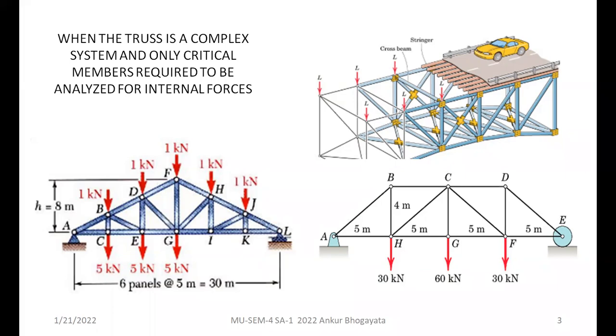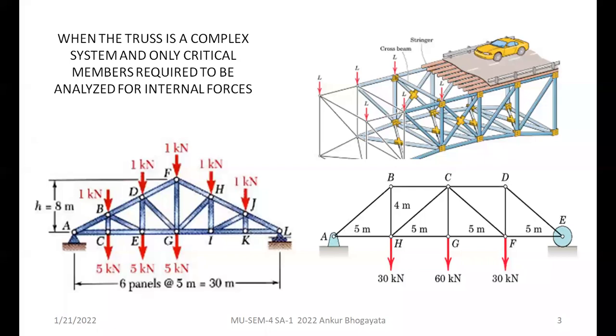The only limitation of these trusses is that they have many members. You can imagine that if you solve this, no problem, because these are determinate trusses, externally determinate, and you can definitely calculate reactions, and then you start attending joints one by one and solve them. So it's not a tough task actually, but it's a long task.